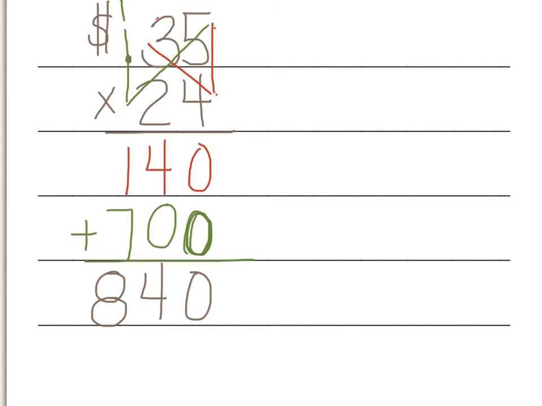Now up there I have 2 decimal places and a dollar sign. So down here I need 2 decimal places and a dollar sign. So it cost me $8.40 to buy 24 pencils at 35 cents each. Hope you're seeing it's really just following the pattern.